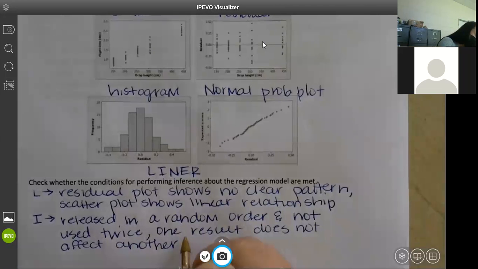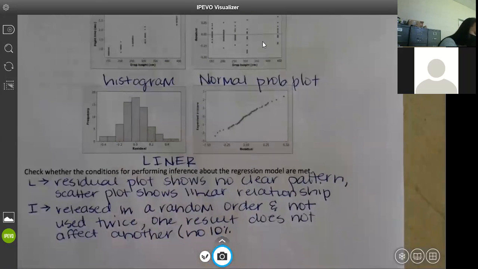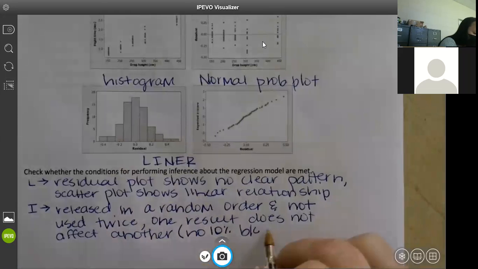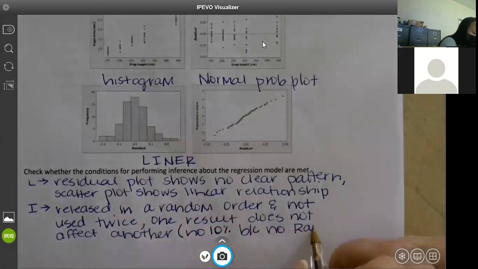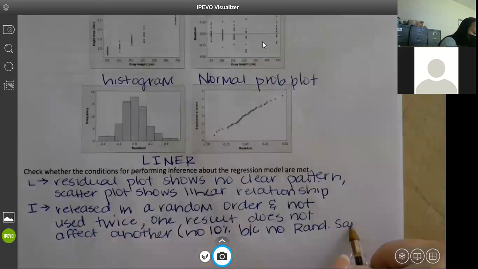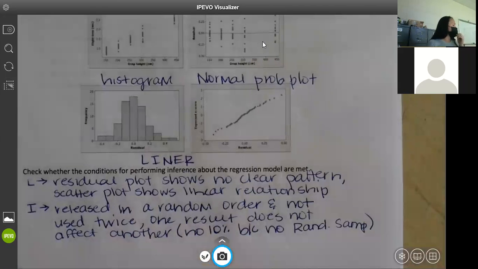Then, as a side note, there's no 10% rule because no random sample. They took all of them. They didn't sample them.